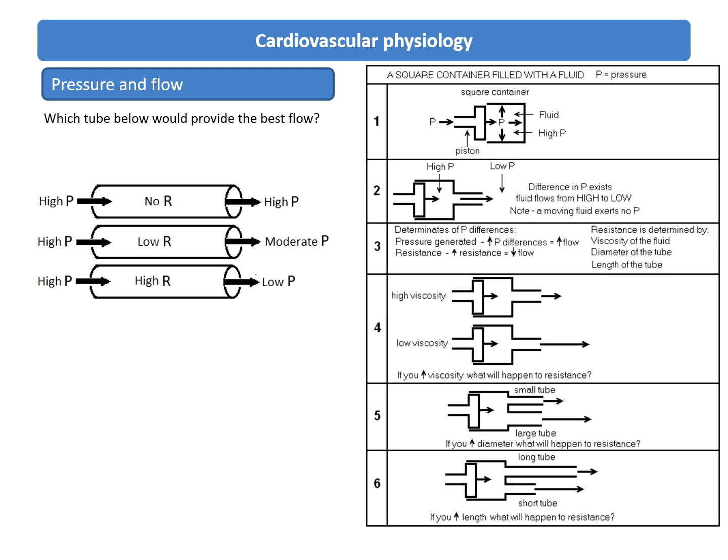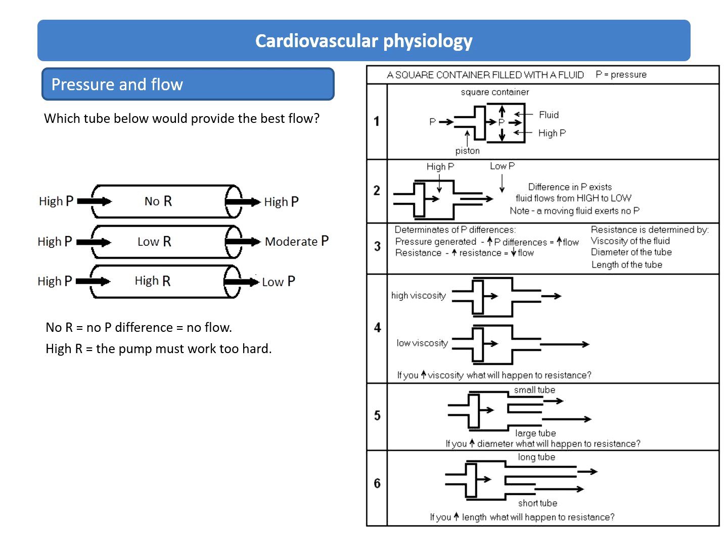Let's look at resistance a little more. Here are three tubes. Which of these three would provide the best flow? The top tube is one with no resistance. You would think the fluids would flow very easily through that. But notice, with no resistance, there's no pressure drop. So the pressure at the exit end is the same as the pressure at the entrance end. So there'd be no flow.